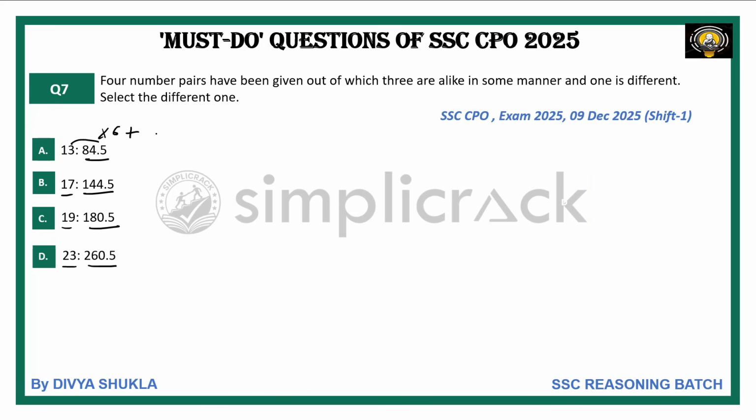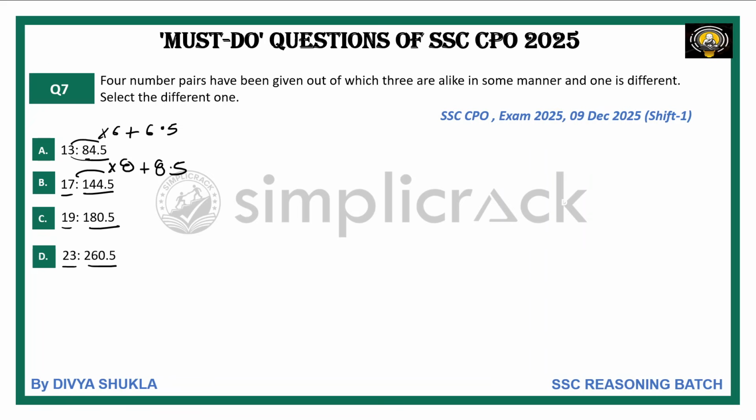what can I add here? In 78 I can add 6.5. That means approximately half of this 13. We are multiplying approximately half of 13. Now from 17 to 144.5, if I'm multiplying by 8, I would be getting 136, and 136 plus 8.5, I should be getting 144.5.